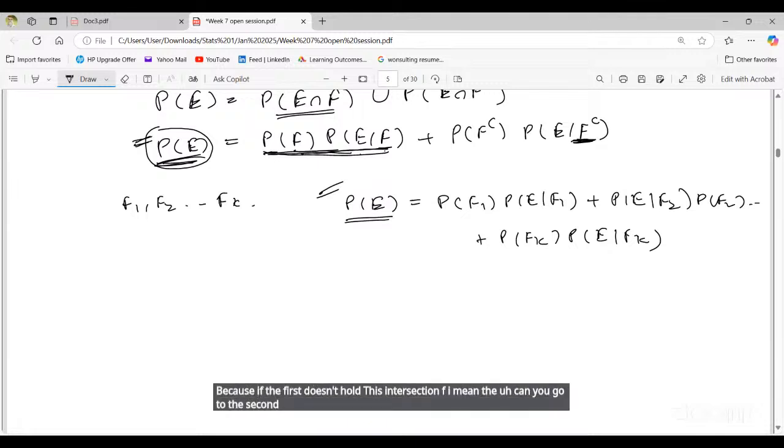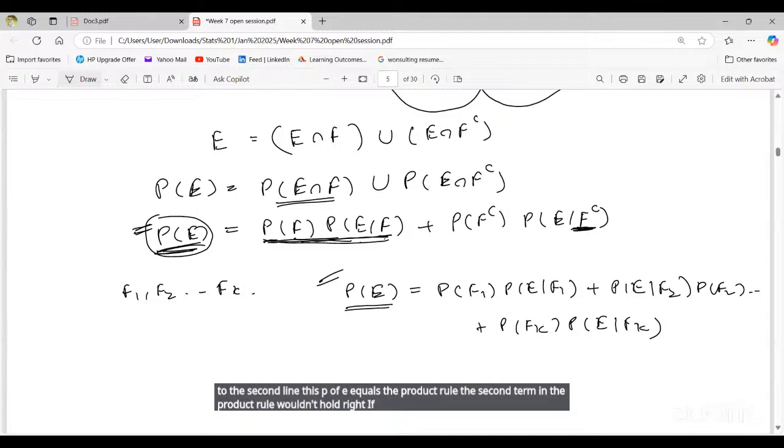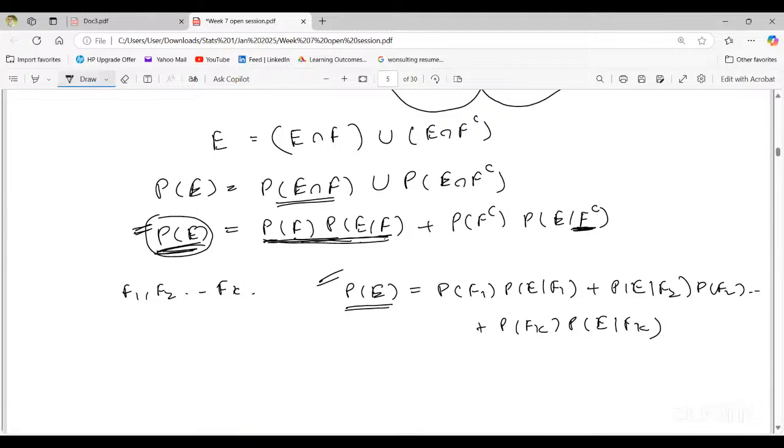P of E equals the product rule. The second term in the product rule wouldn't hold if those two aren't mutually exclusive. Can you repeat once again?